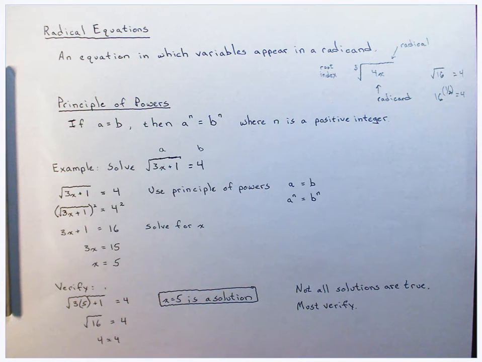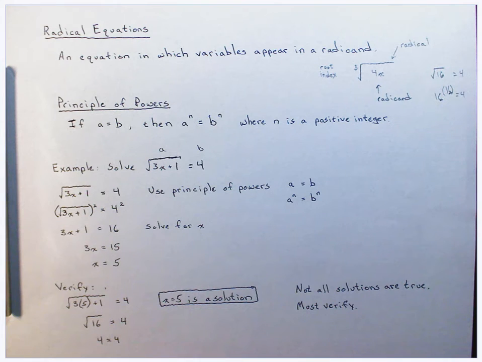The same is true for radicals, because if we end up with a negative number inside the radicand after we solve, then we end up with an imaginary number. So we verify, and yes, 4 equals 4, so x equals 5 is a solution.